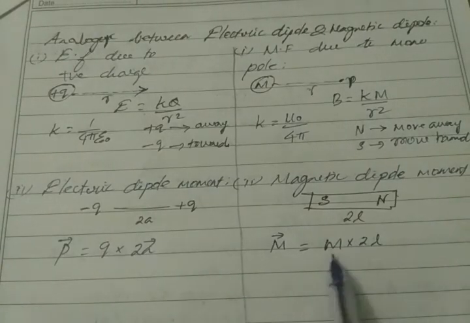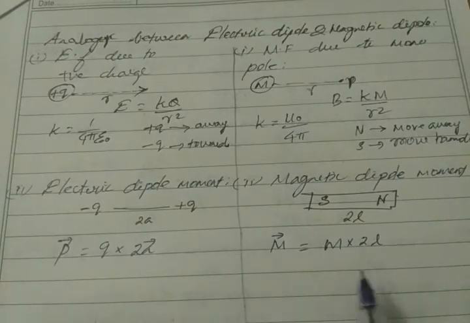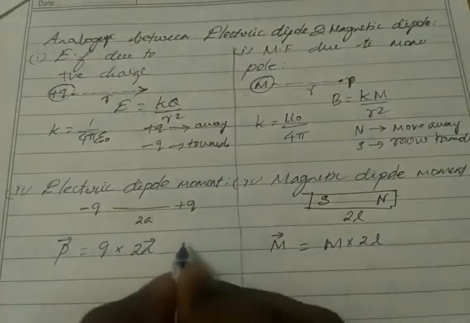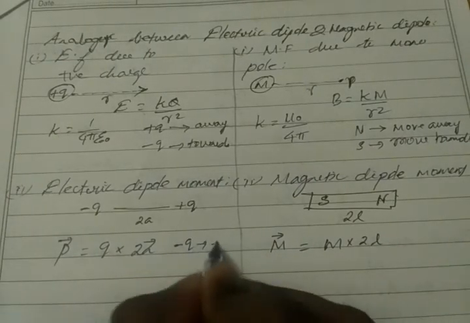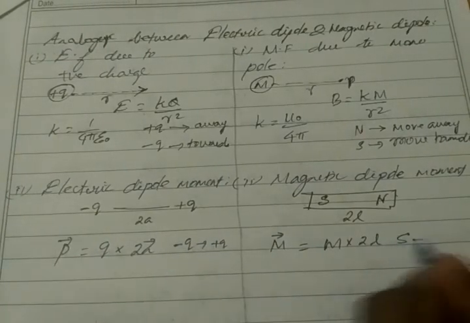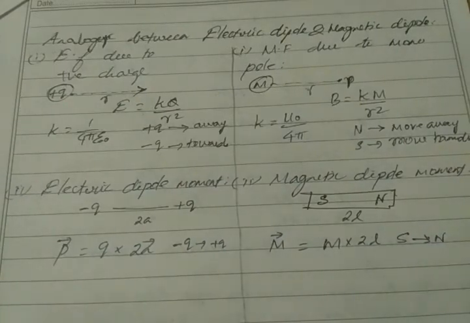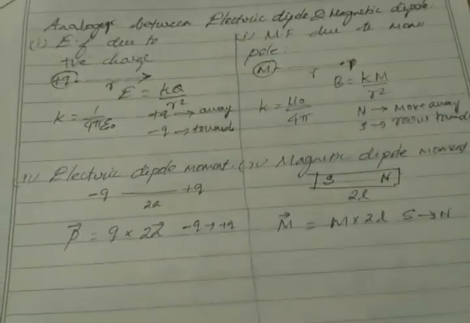Here M means magnetic charge. The direction will be from negative charge to positive charge, here south pole to north pole, the direction of magnetic dipole moment.